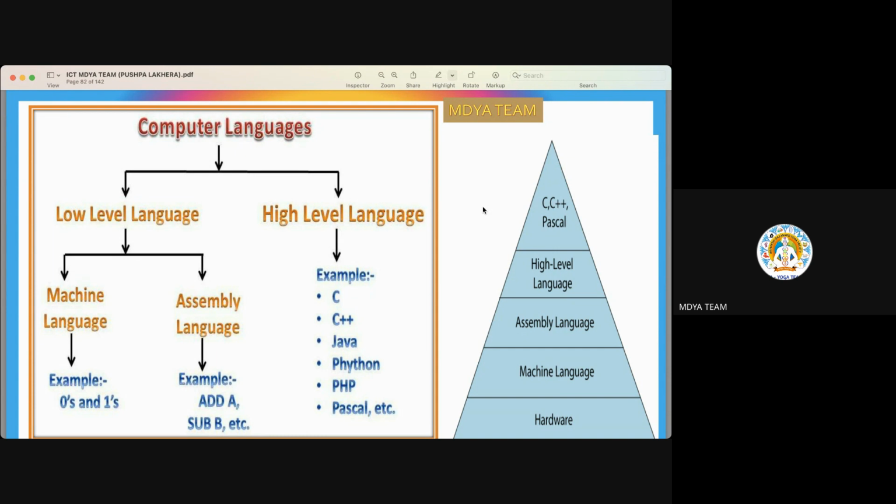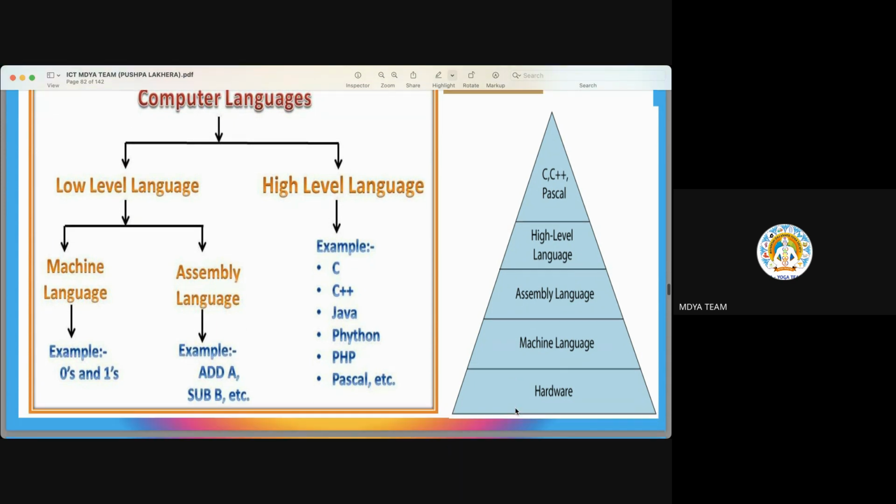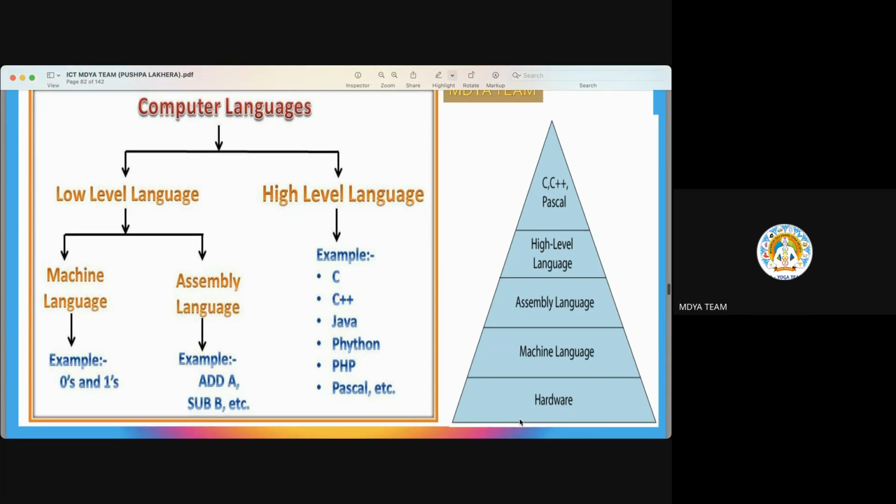So what is the hierarchy? What is the pyramid of a computer system? It is something like that. At the base, it's hardware: input devices, output devices, the processor unit, the storage unit. For that, you need machine language because this group of instructions can be understood by your hardware, by your CPU. Now, to communicate with your hardware or your computer system, people, humans cannot understand machine language.